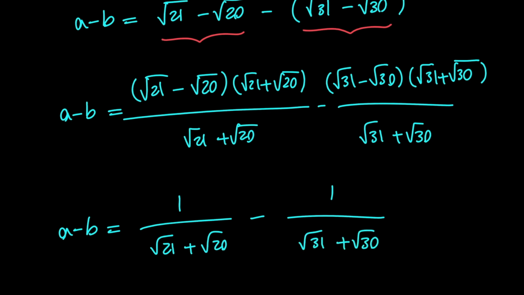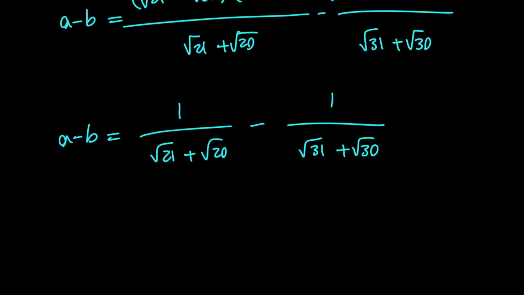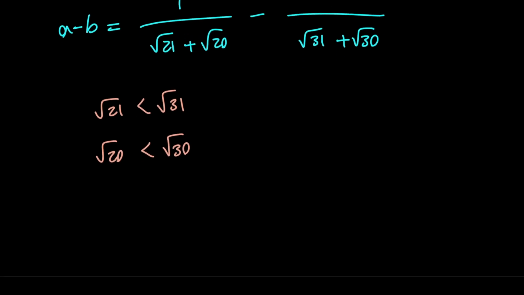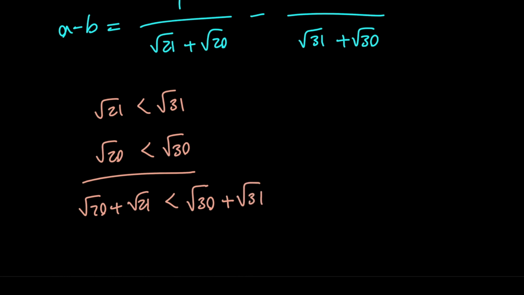Great. And now we're going to go ahead and do something really beautiful. We know that root 21 is less than root 31, and root 20 is less than root 30. Therefore, we can say that root 20 plus root 21 is less than root 30 plus root 31.